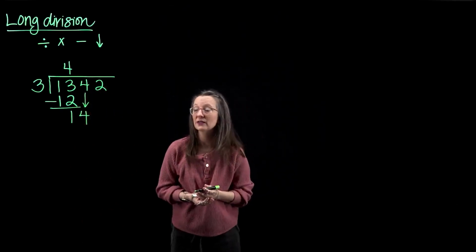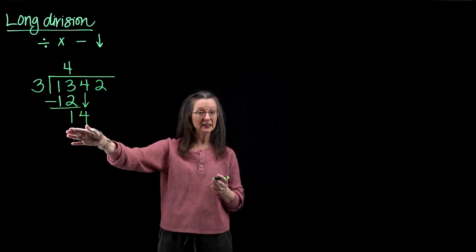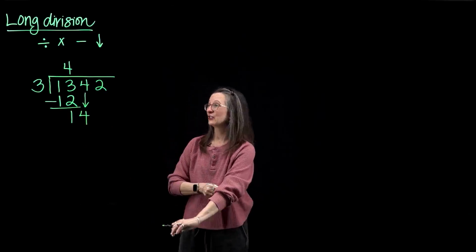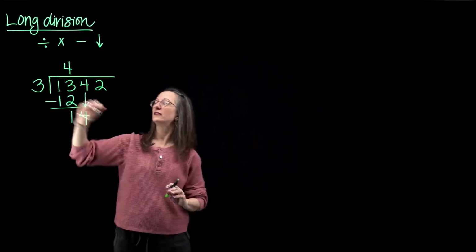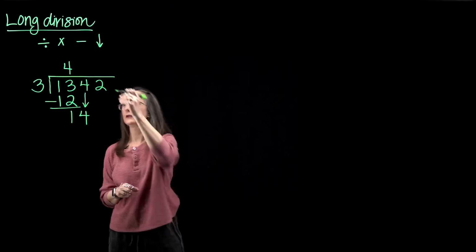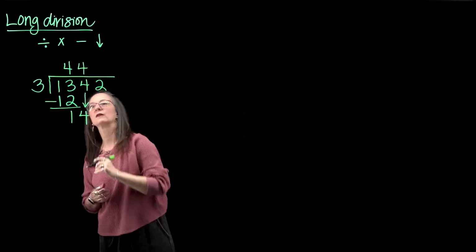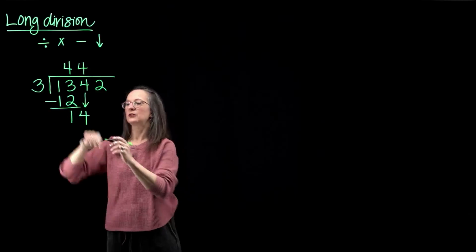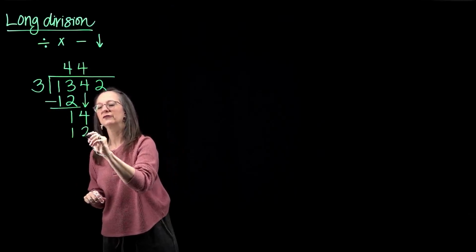And we're going to start the process over. 14 is my new number under the division sign. 14 divided by 3, also 4 times. 4 times 3 gives me 12.